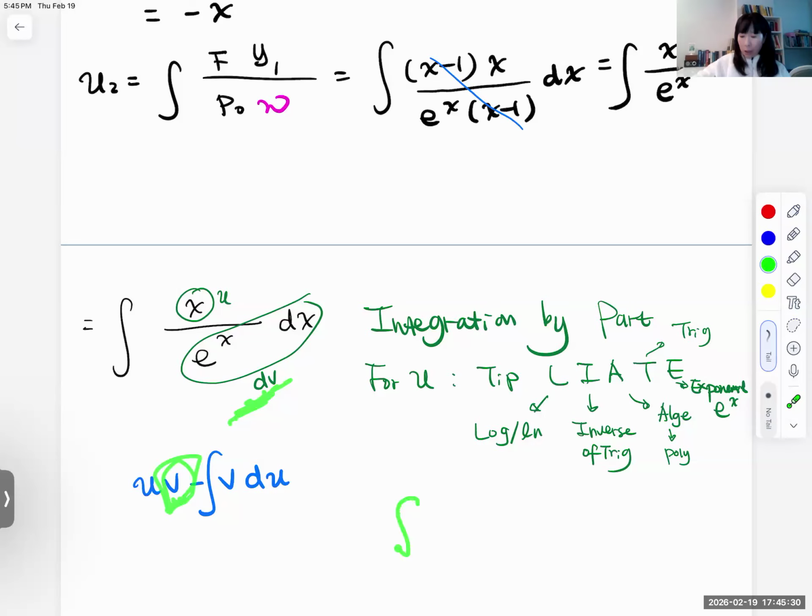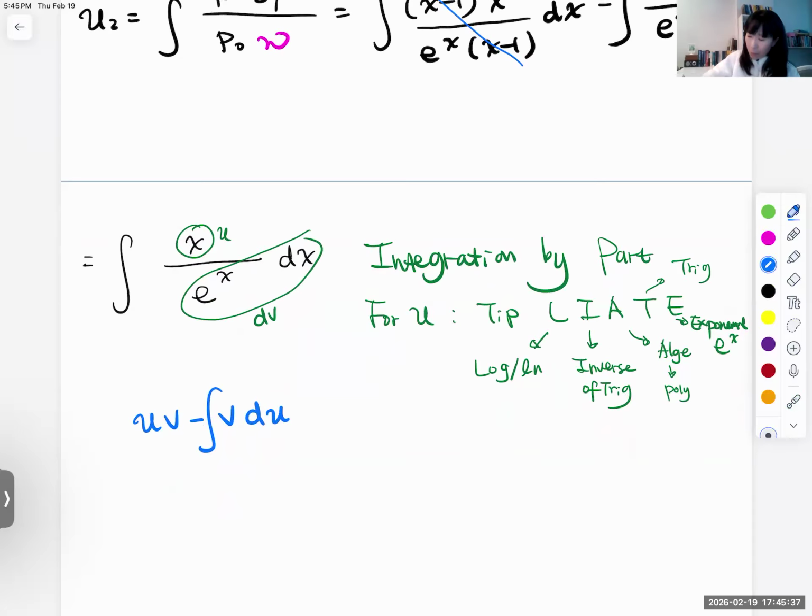Right, so we make an integral of dv to find the v. Okay, let us do that. So v from integral of dv. So in that case, integral of dv, which is, look, e to the x power is in the denominator, right? So e to the negative x dx.